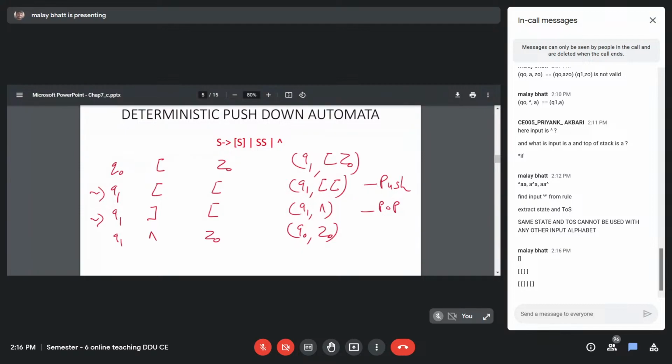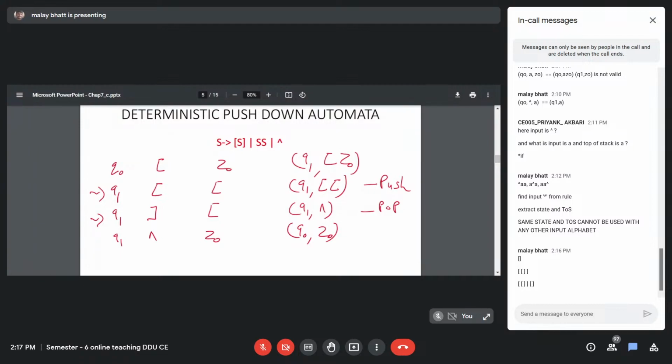So when null is valid, Q0 will be the accepting state in the deterministic PDA. From Q0, we'll go to Q1 immediately and push the opening bracket.